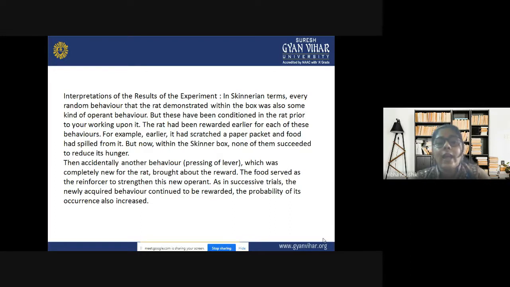Skinner is saying that the random behavior the rat was demonstrating within the box was also some kind of operant behavior.